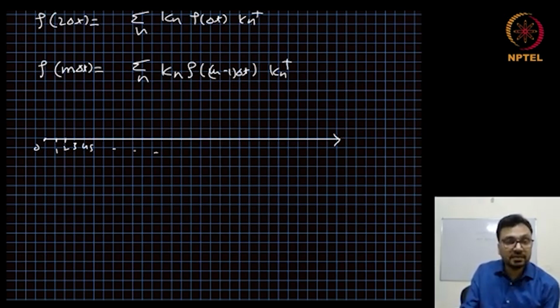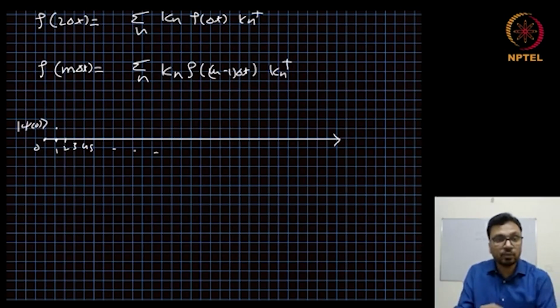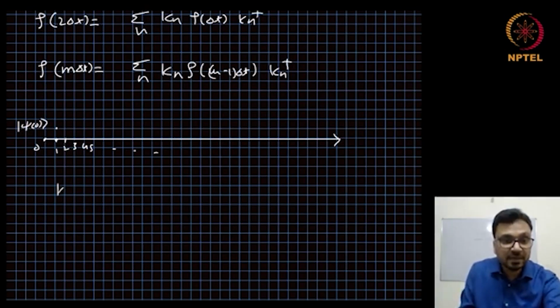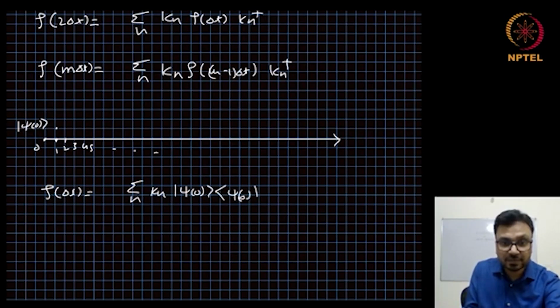In the beginning, our state was psi of 0, and at time step 1, our state will be rho 1, sum over n, Kn, psi of 0, psi of 0, Kn dagger.